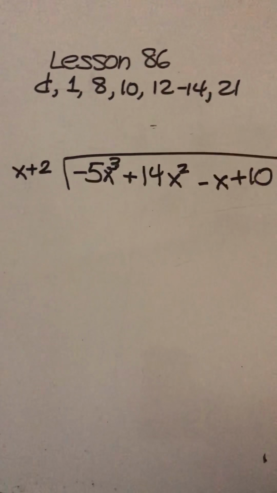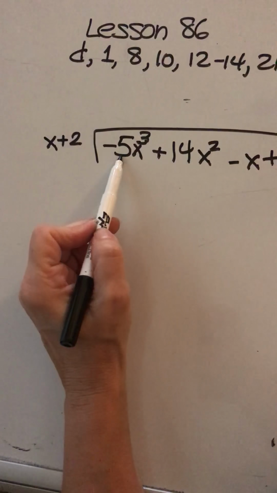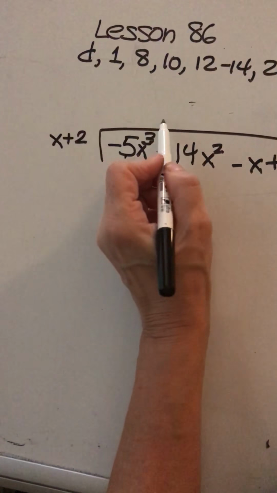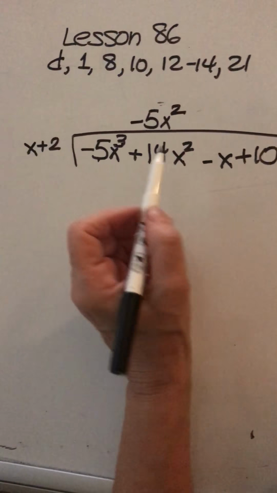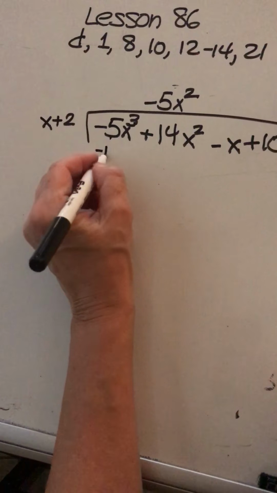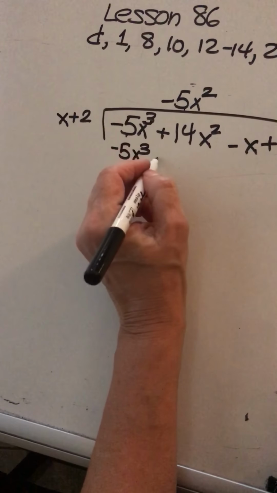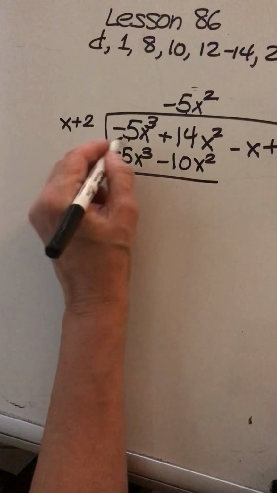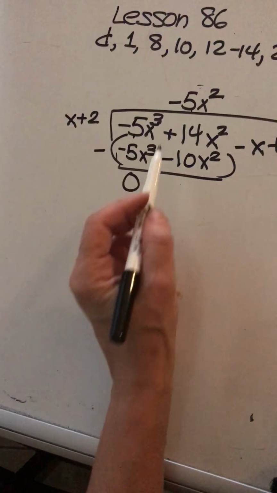All right, so this first term is unusual in that it's a negative. So I'd say negative 5x cubed divided by x is going to be a negative 5x squared. I multiply. Negative 5x squared times x is negative 5x cubed. Negative 5x squared times 2 is negative 10x squared. I subtract. I'm left with 0 here.